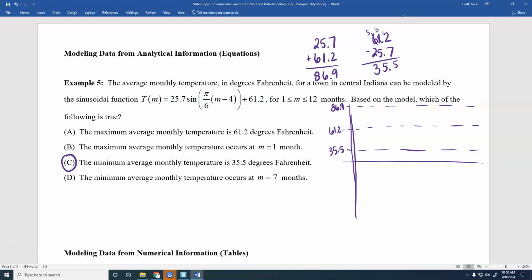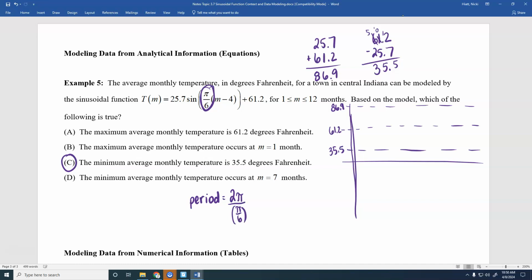If we're looking for the period of this graph, to find the period we always look at this number right here. But it is not that number. The period is not pi over 6. What do we do to find the period? 2 pi over b. So 2 pi over b is going to be 2 pi over pi over 6 in this case.